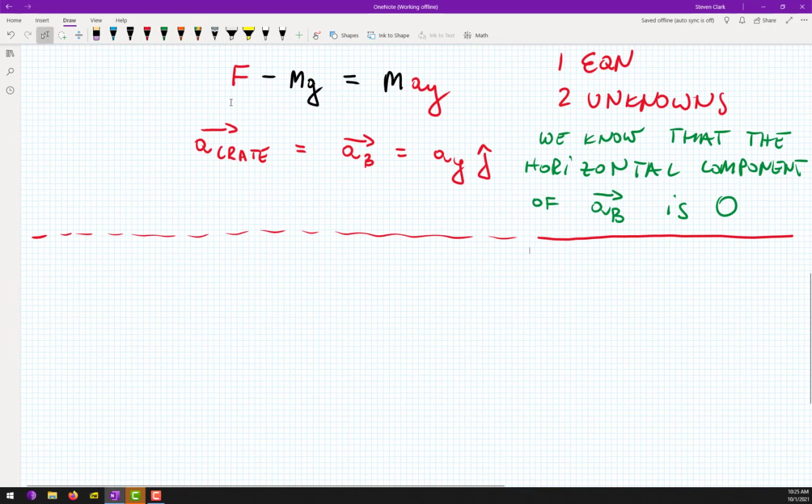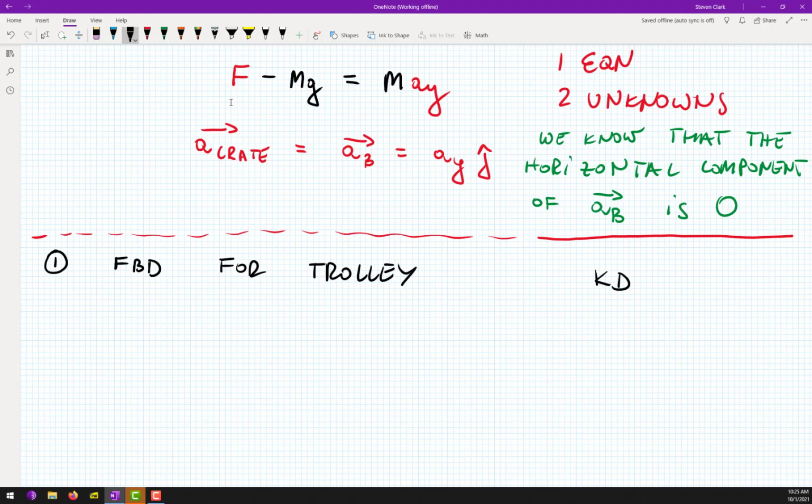So how about doing the FBD, this time for the trolley, and KD as well. I'm going to express that trolley as such a rectangle, and the same in here.